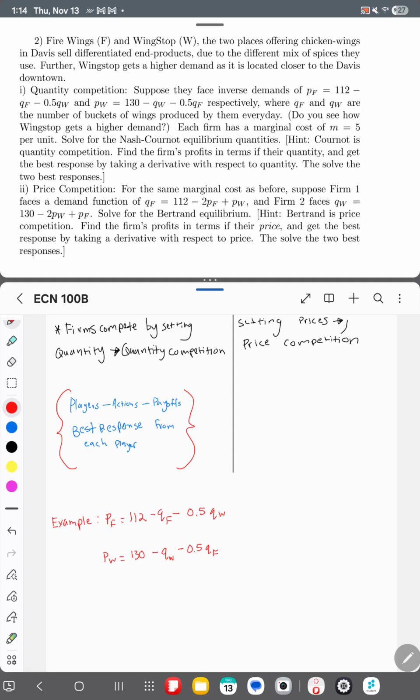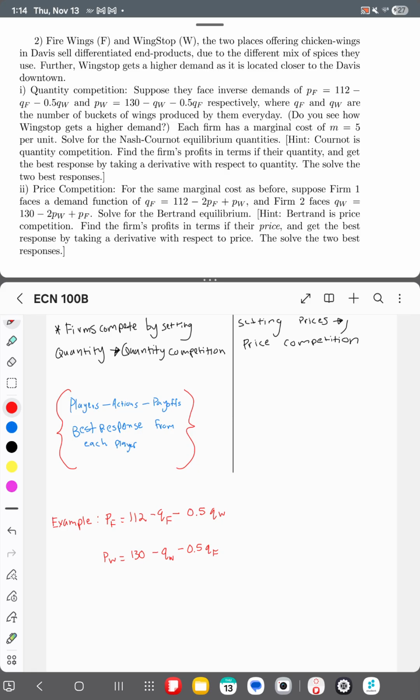When you think about Wingstop, the price they can charge depends on how much they produce, how much they supply, but also how much the other guy supplies. Because the total supply now comes from both of the firms. So that's what gives you equations like these. And that's clearly different from what we have seen so far, to some extent. This is clearly a game because these are strategic interactions.